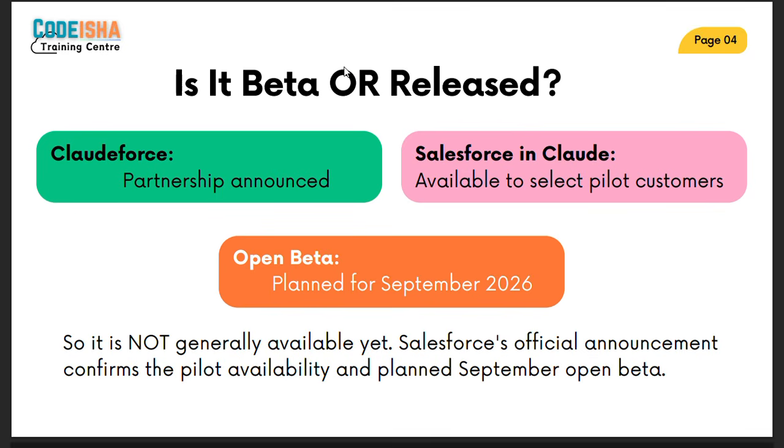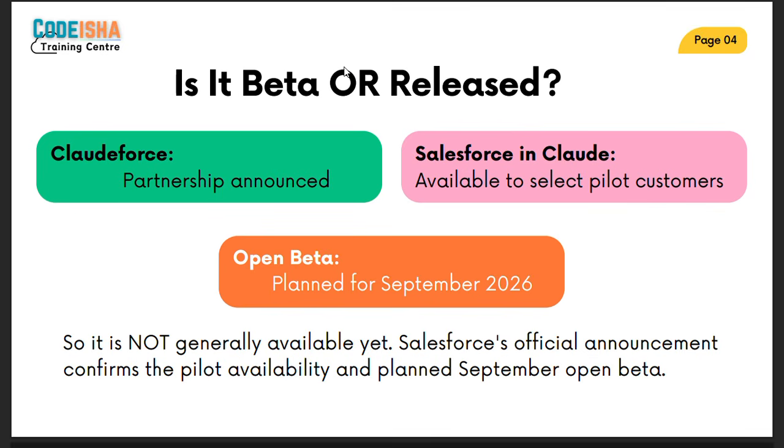So we'll see what happens, whether it is released or still in beta. It is not generally available yet. Salesforce's official announcement confirms the pilot availability and the planned beta in September. Okay, so let's see what else we can do with these platforms, the benefits, how we can enable these things and how we can play with these platforms.